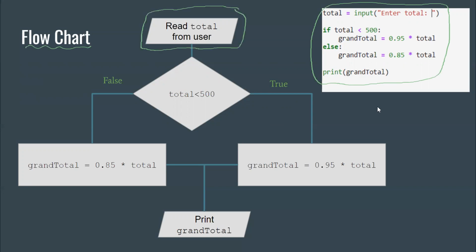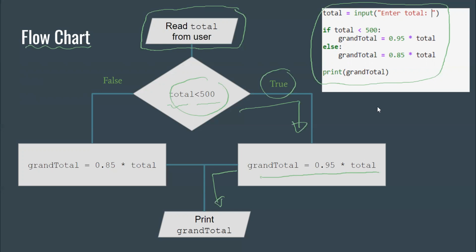Then I will need to make a decision based on the variable total. So if total is less than 500, if this condition here is true, I will follow this path. And I will calculate grand total to be 0.95 times total. Then I will simply print grand total.